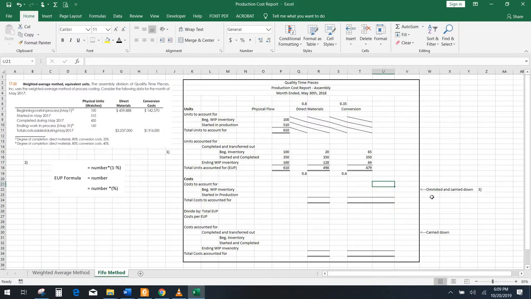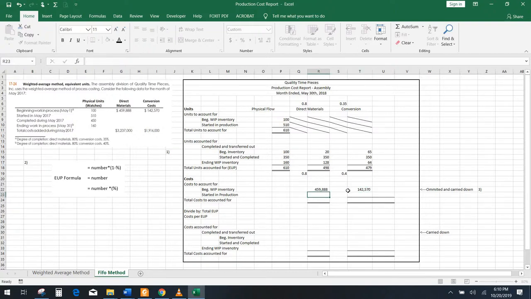The last major change is these numbers are omitted when computing this cost per EUP. So I'm going to put them in there first, as we did originally. Then I'm going to omit them when we do the calculation. So this is beginning work in process inventory, 459,888, and then conversion cost 142,570.